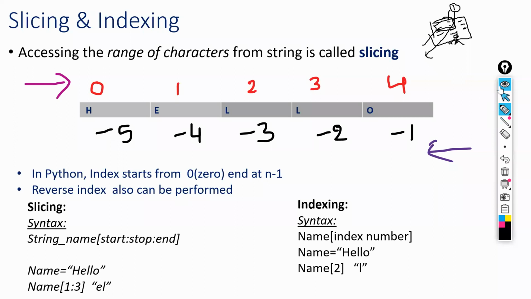So the concept here is, if I want to access some elements or values from a string or any data, we need to use the slicing and indexing concept. What do you mean by slicing and what do you mean by indexing?